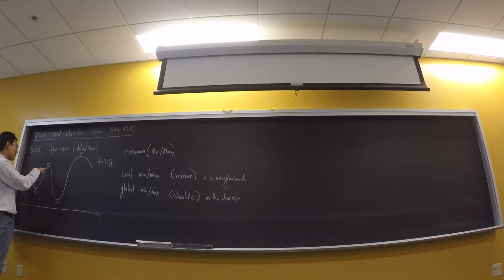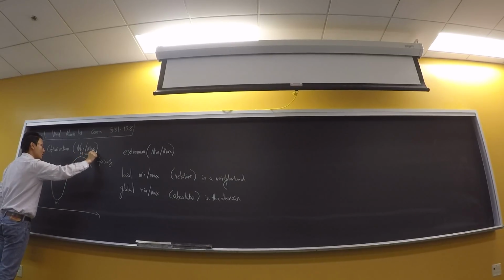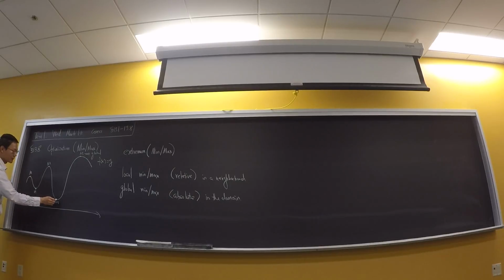I just need to look at the 3 local maximum and I choose the maximum one from these 3. Right? So this guy is going to be a global maximum. And if I'm trying to find the global minimum, I just look at all the local minimum and I choose the smallest one. Right? So this one is going to be a global minimum. Okay?